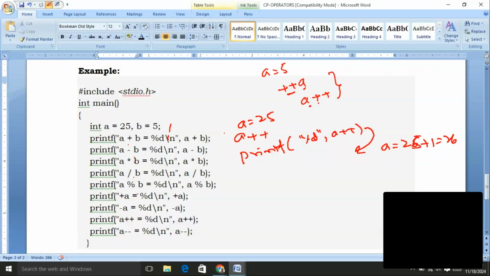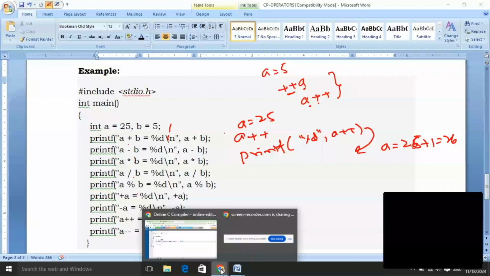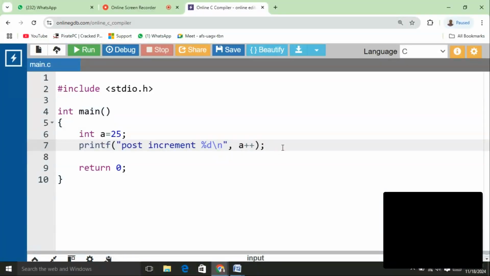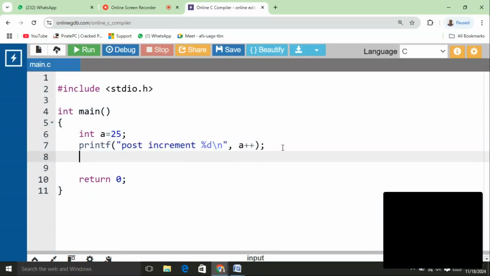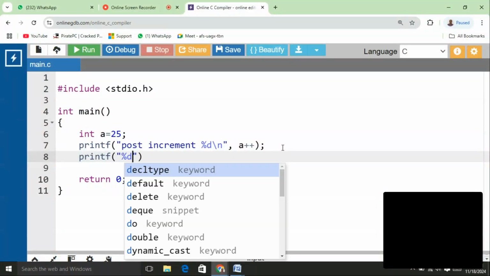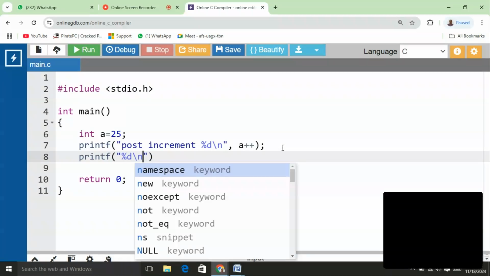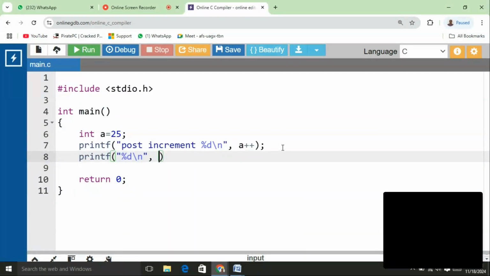Now below that I write one more statement, and right now the a value is 26. I print it: printf("%d\n", a).